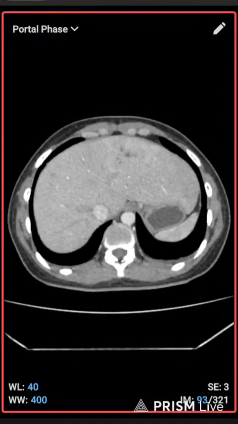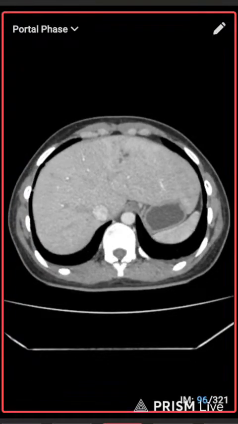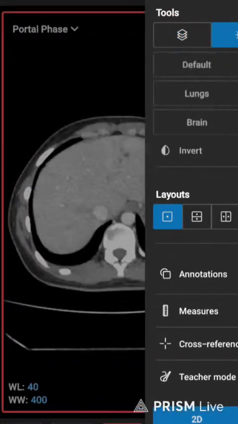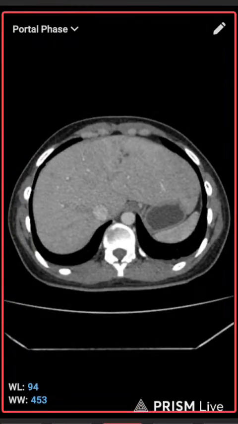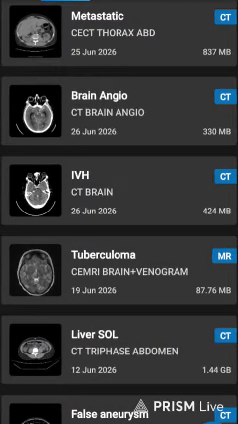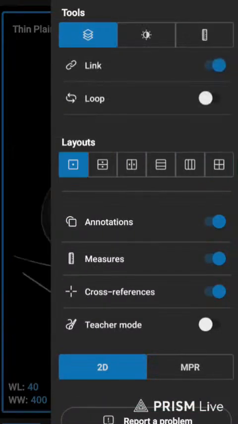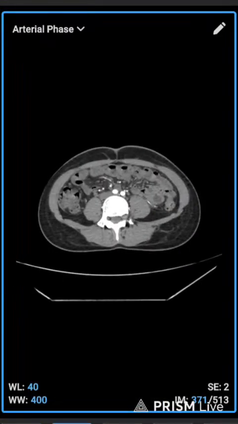I will describe that. You will see that there is the tumor. It's totally visible in the portal phase.